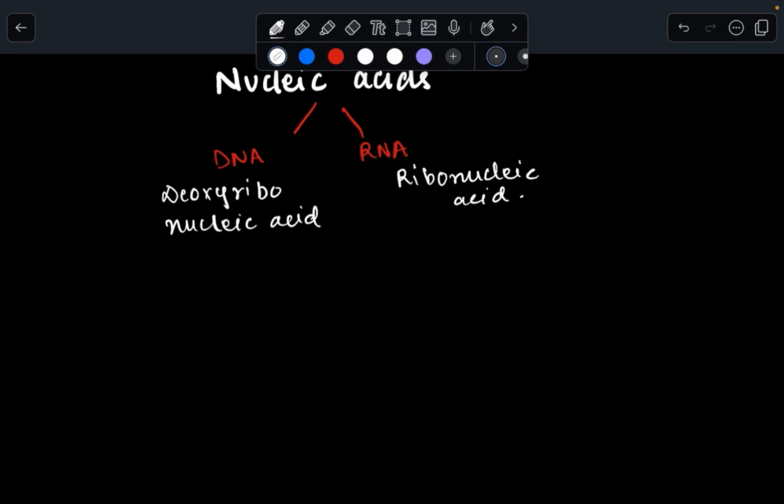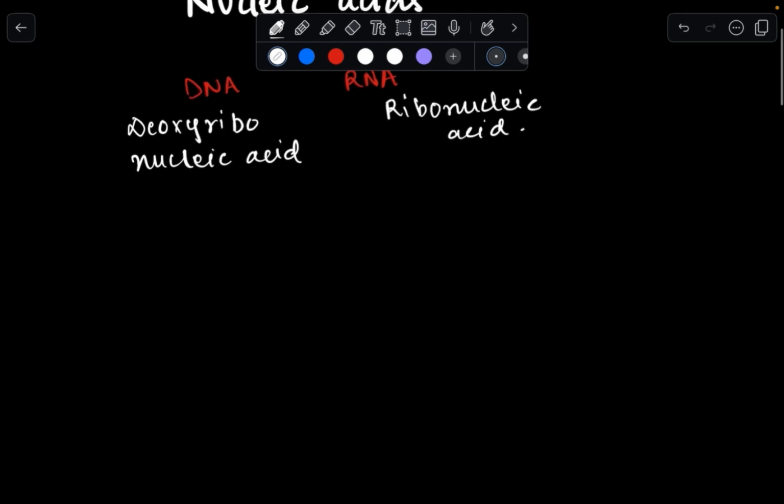So let's go in detail. The master copy of each cell's genome is stored on the long molecules of DNA, which may contain many thousands of genes. It is a kind of linear molecule, and a gene consists of some segments of DNA.